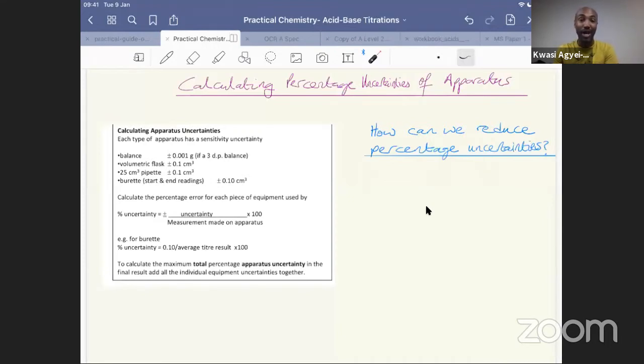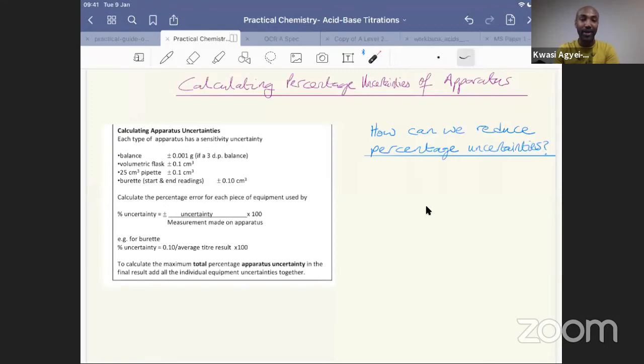It could be 24.999. That's a tricky one. Well, yeah, that'd be 24.999, I believe. You correct me on this. So there is this inherent sort of error associated with the balance, this uncertainty in the reading of that mass.